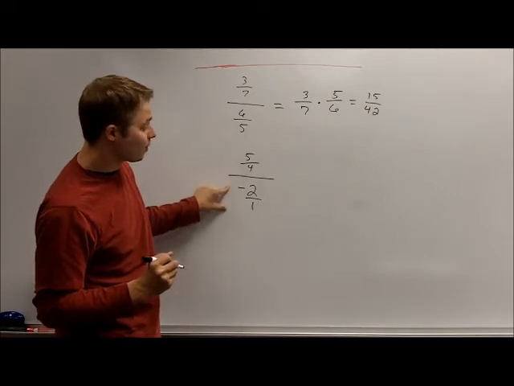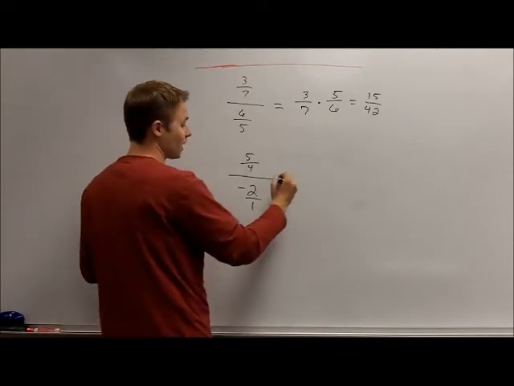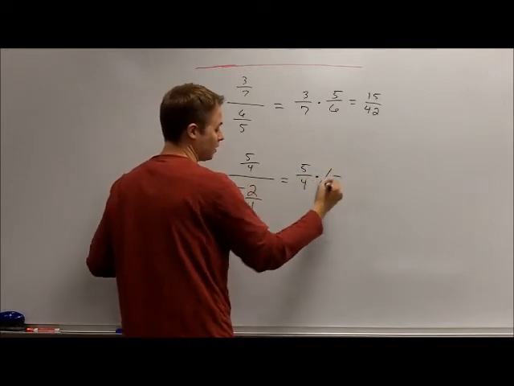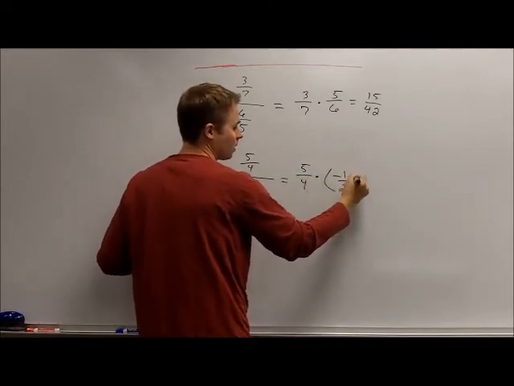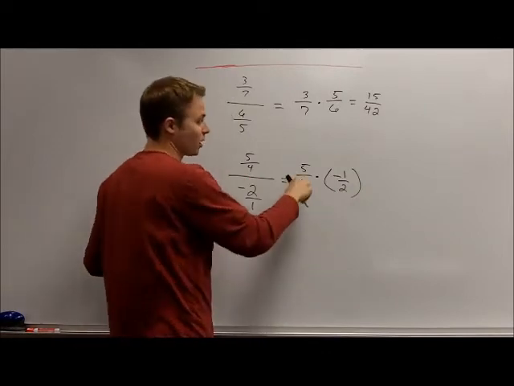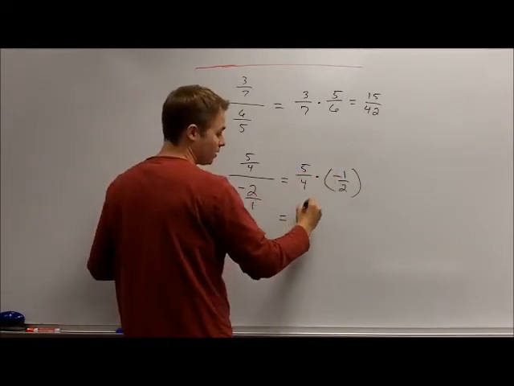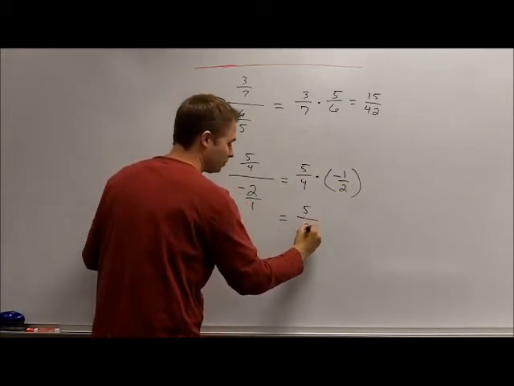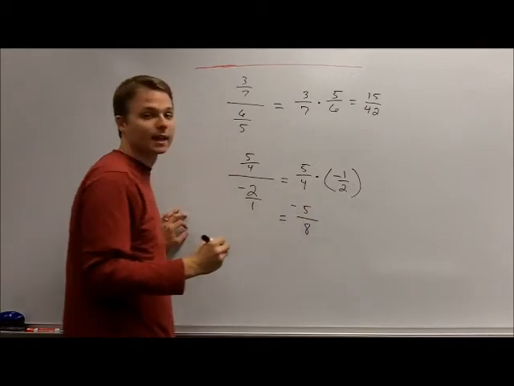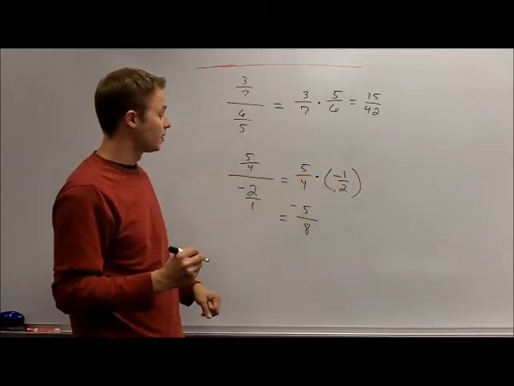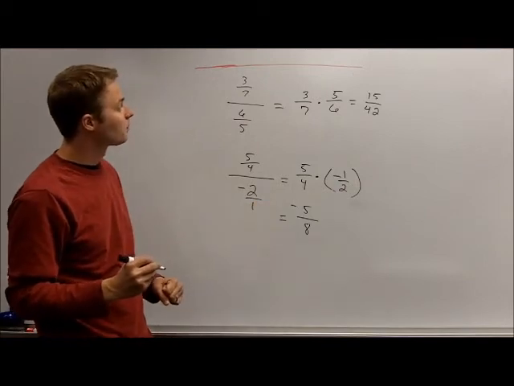So now 5/4 divided by -2 over 1, I can really just think of it as 5/4 times -1/2. Again, I can multiply straight across, so 5 times 1 is 5, 4 times 2 is 8, and of course it's negative because we have a positive number times a negative number, and we'll get -5/8.